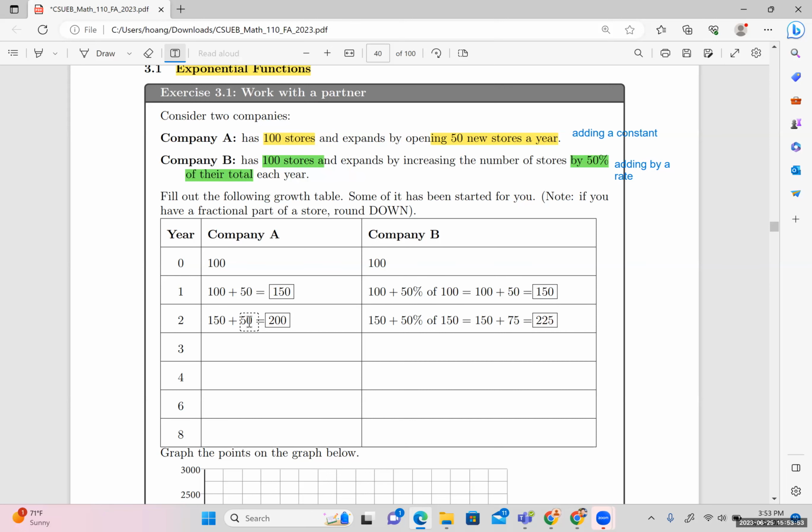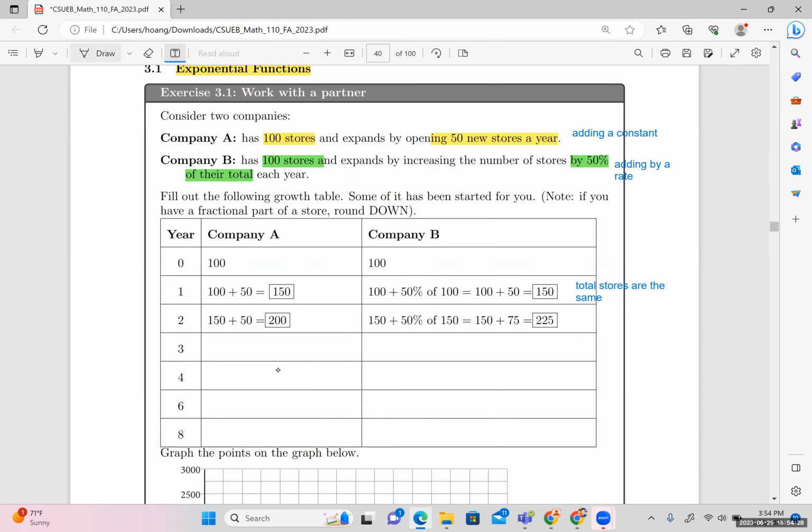Okay. So it looks like in the first year, the total stores are the same for both companies, right? And what about in the second year? In the second year, company A just keeps adding 50, right?